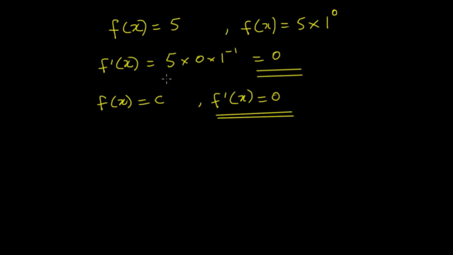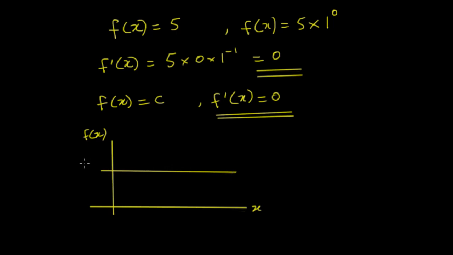So that's what we would term an analytic way of looking at that problem. But we already know the solution to this in a graphical format, don't we? Because if we were to draw out this function, f of x equals 5, well, there's x, there's f of x. Now 5 is just a line that runs along at height 5, and when we're differentiating, we're looking to find the rate of change of this line.